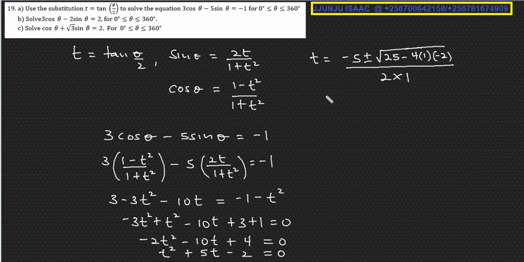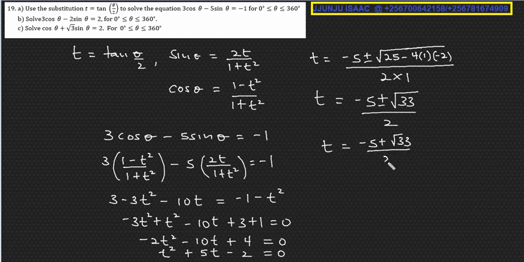So our t will be equal to -5 plus or minus the square root of 25 plus 8, that is 33, divided by 2. So the two values of t shall be -5 plus root 33 over 2, and -5 minus root 33 over 2.